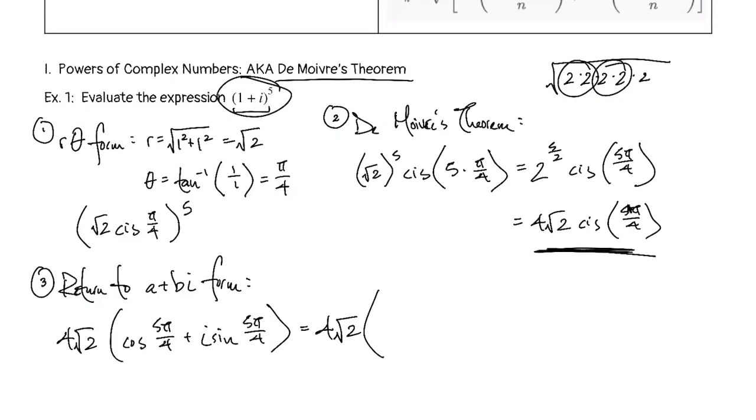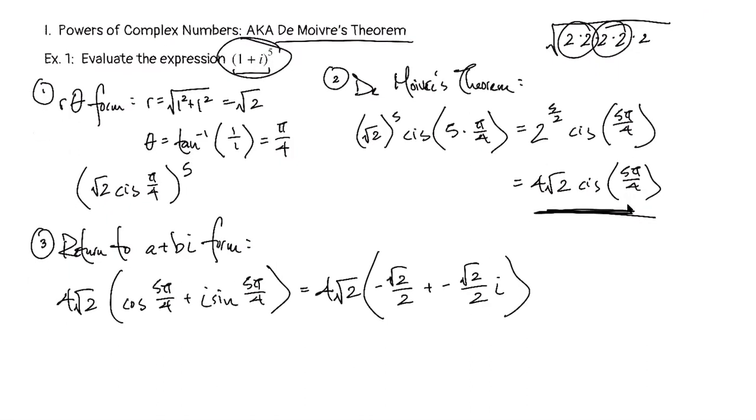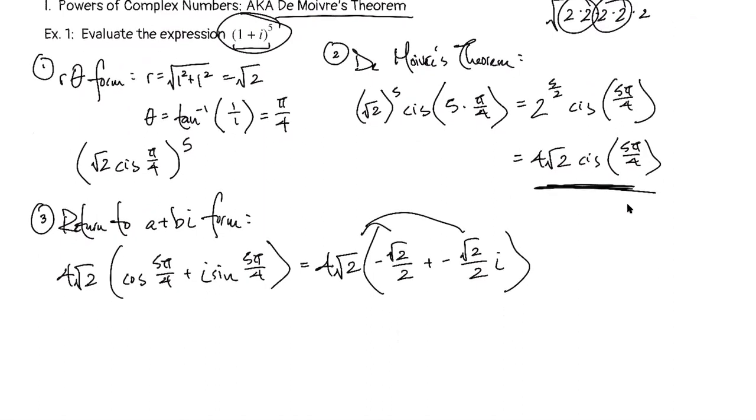So cosine of 5 pi over 4 is negative root 2 over 2 plus sine of 5 pi over 4 is negative root 2 over 2 i. And I'm going to distribute so I can see my a plus bi. And that's going to give me a negative 4 minus 4i.